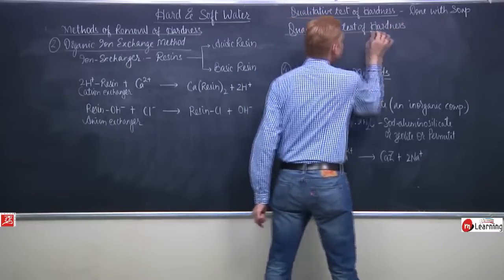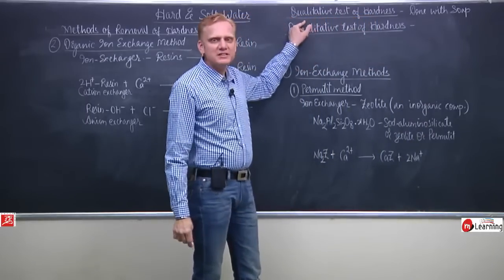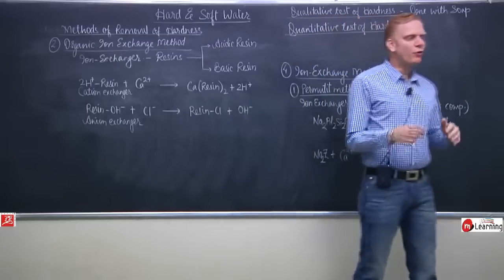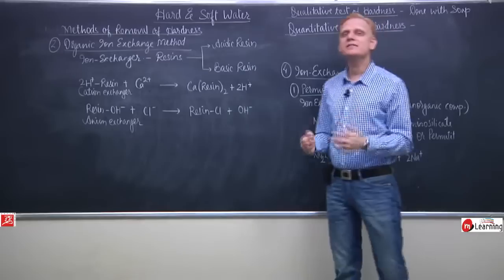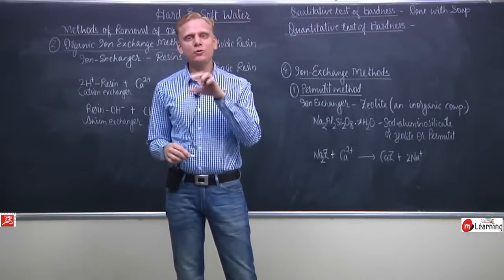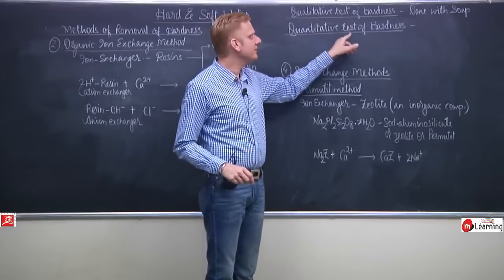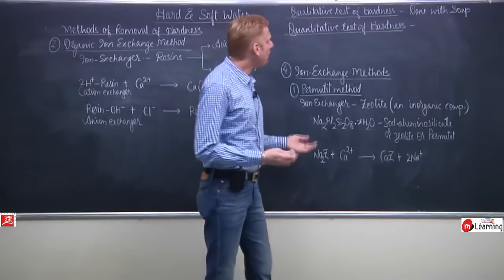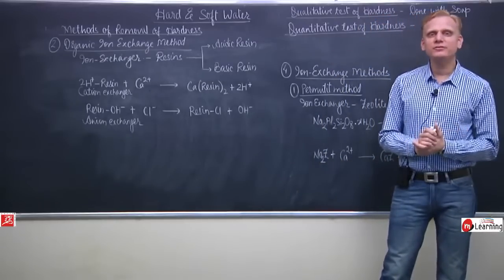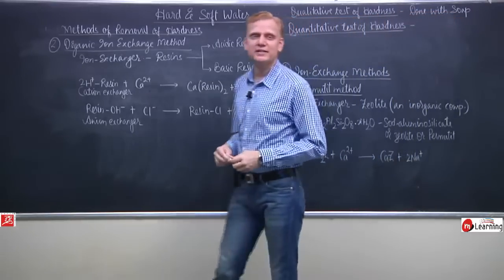See, whether the sample is hard or not, this is the qualitative test, and up to what extent the sample contains the hardness causing agent, that estimation, that quantitative part, is included in the quantitative test of hardness, or rather I should write quantitative analysis of hardness, the quantitative estimation of hardness.